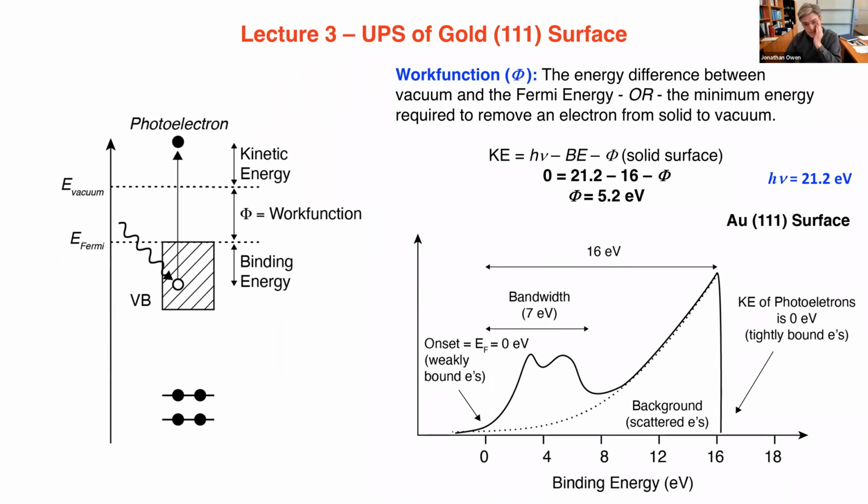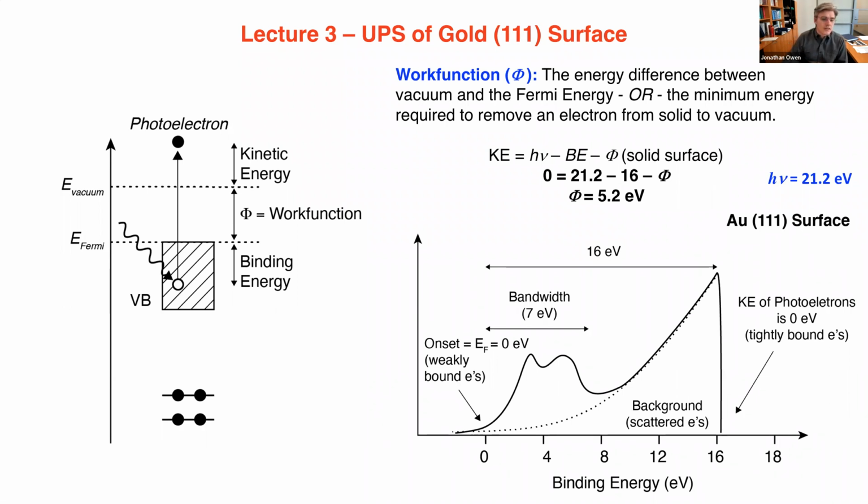And, you know, these sorts of measurements can be referenced to some other species present in the sample. But typically what's done is you know the photon energy of the ultraviolet photoelectron spectrometer. And then you look at the position where these photoelectrons are no longer coming out and the onset where you just begin to see electrons that essentially have 0 binding.